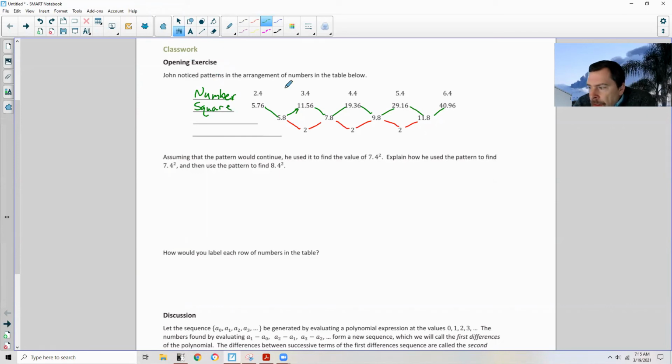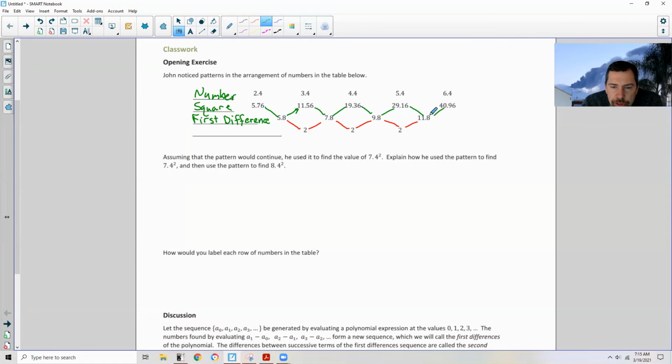Okay. So then once I find the square of the number, these are common differences. So this is what we are going to call in this lesson the first difference. Okay, so this is the first difference. Difference of 5.8, difference of 7.8. We didn't get the same difference every time.